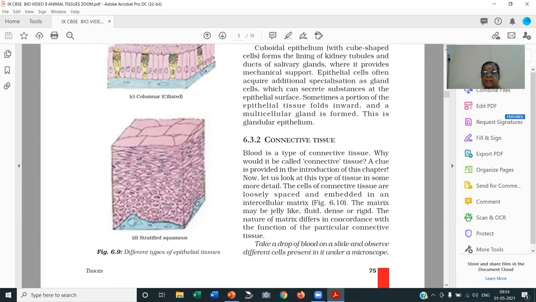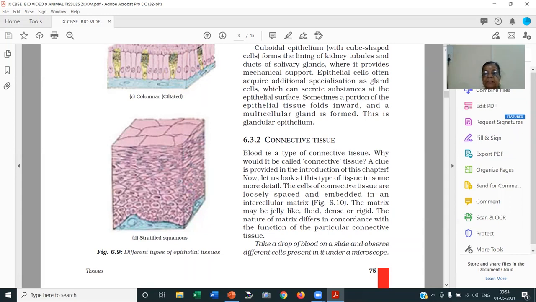Okay. Next, connective tissue. Blood is a type of connective tissue. In connective tissue, the cells are loosely spaced and embedded in an intercellular matrix.